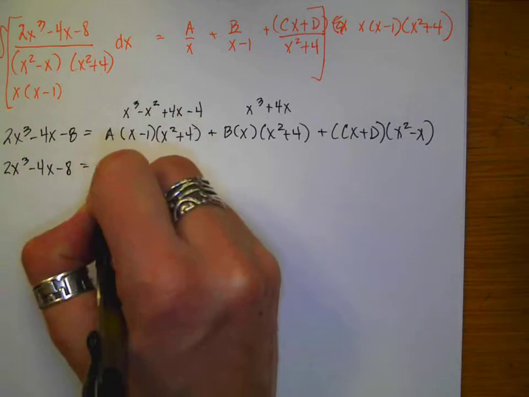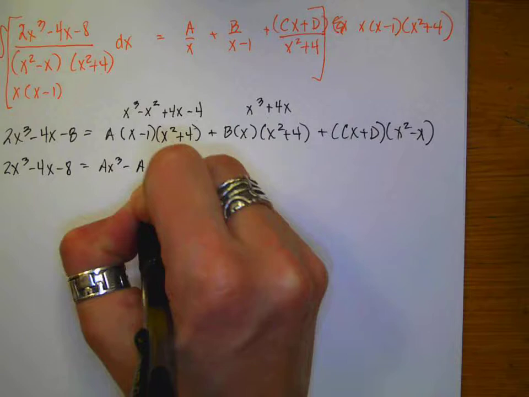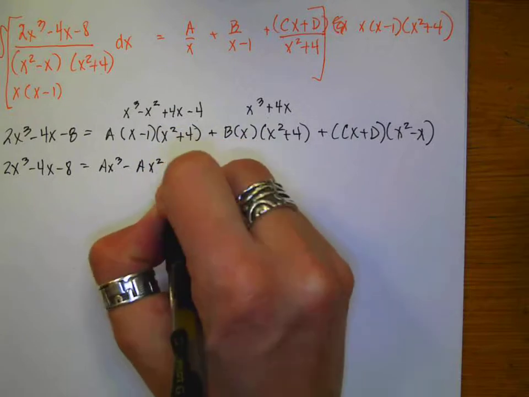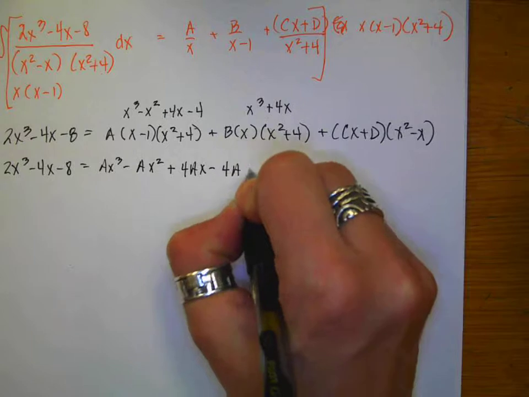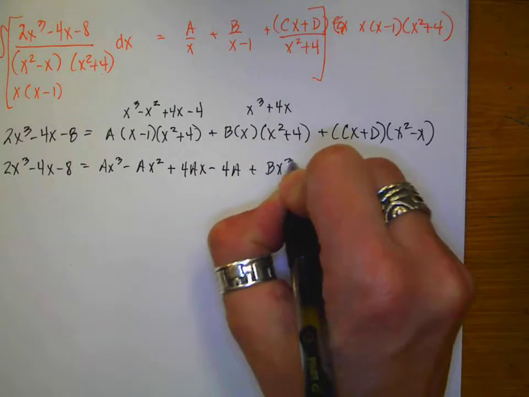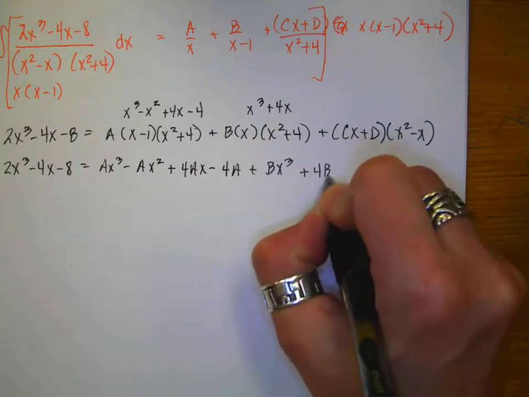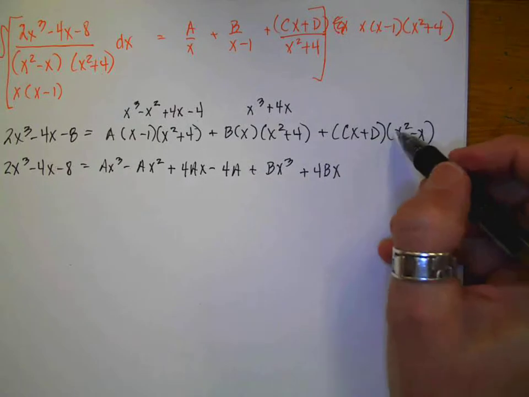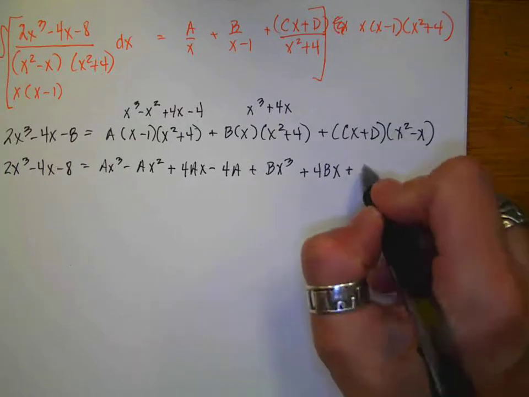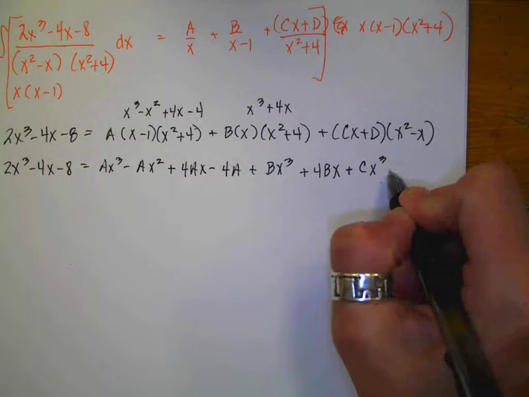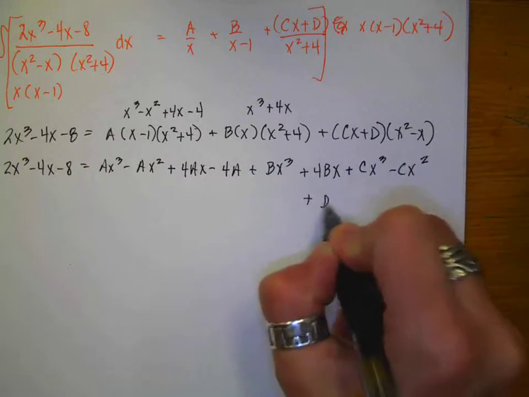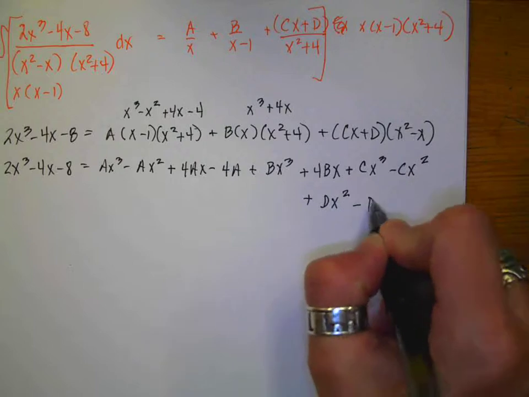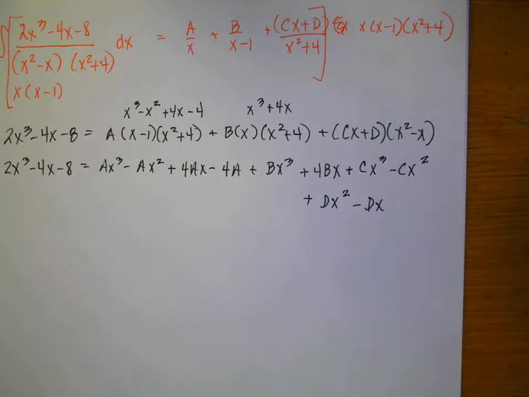So I'm going to write 2x cubed minus 4x minus 8 is equal to ax cubed minus ax squared plus 4ax minus 4a plus bx cubed plus 4bx. And then when I do this one out, I get cx cubed minus cx squared, plus dx squared minus dx.